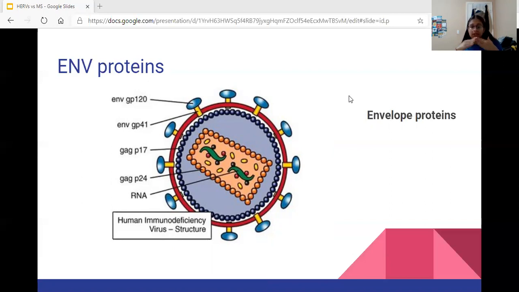And ENV proteins, along with GAG proteins, exist in trace amounts in normal brains, but they are not activated normally because the HERVs do not fully form, right? Some time in our genetic history, when we adopted HERVs into our genome, these viruses don't fully form within our bodies.